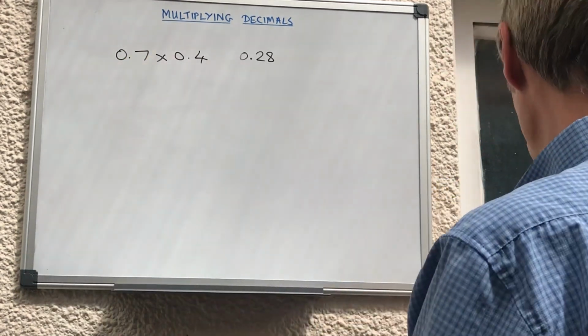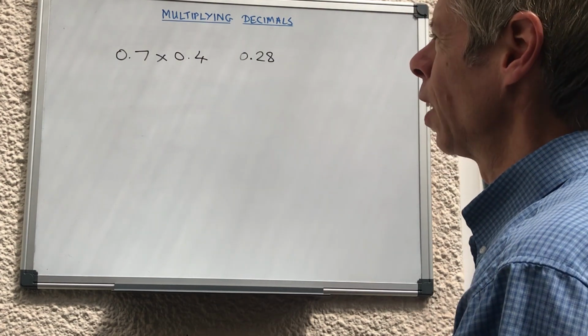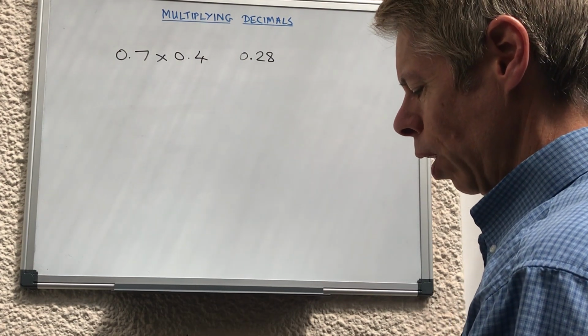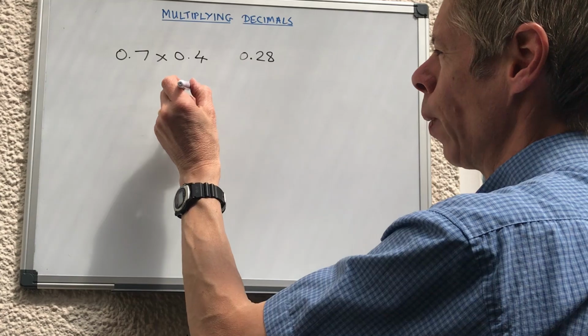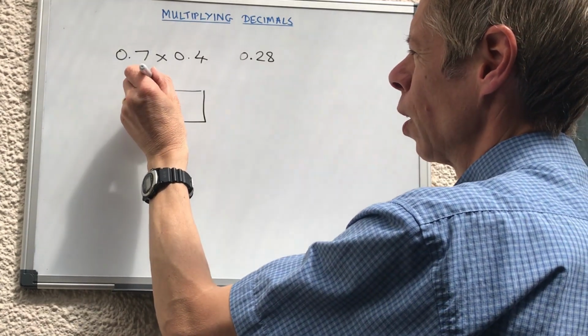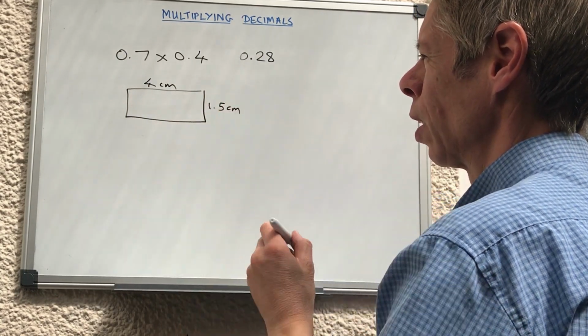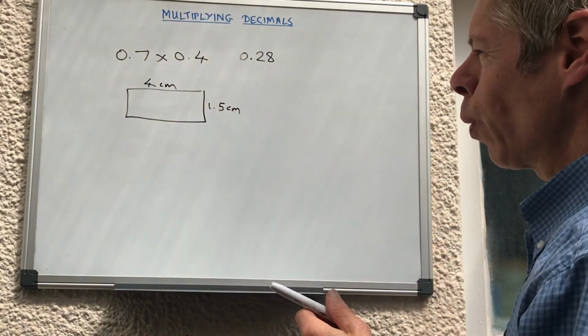Okay, so there are some little tricks with multiplying by decimals. So for example, we've had before where we had a rectangle which was 4 centimetres long by 1.5 centimetres wide. We don't really have to worry about the decimals there.